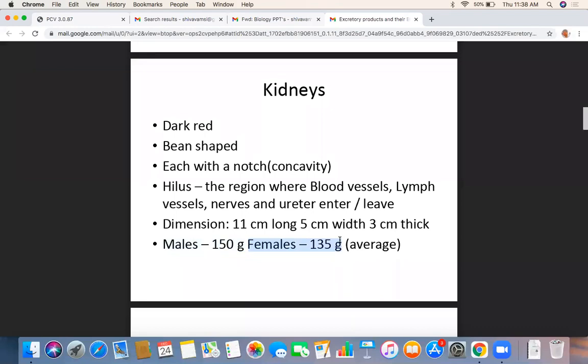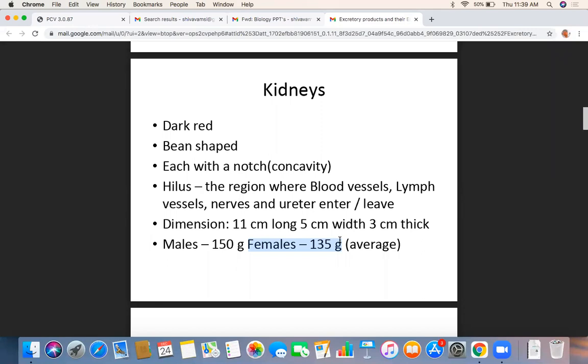That is the average weight of the kidney. It is basically the size of the human beings.